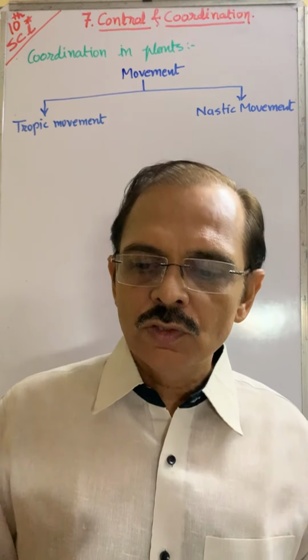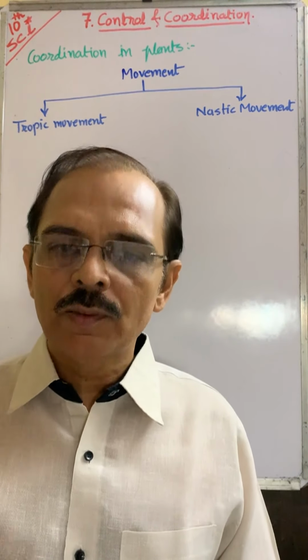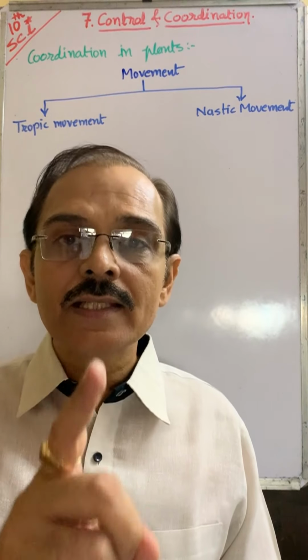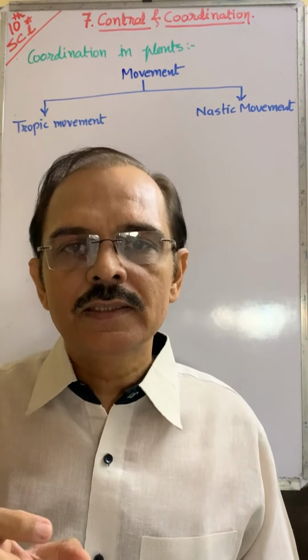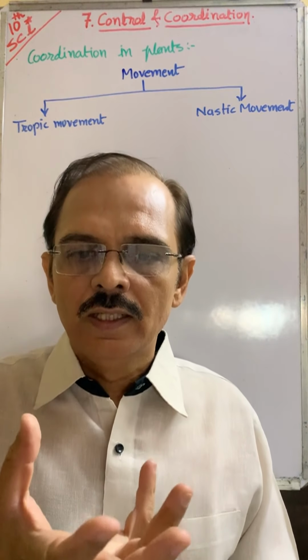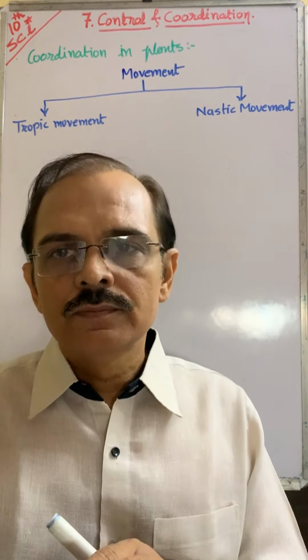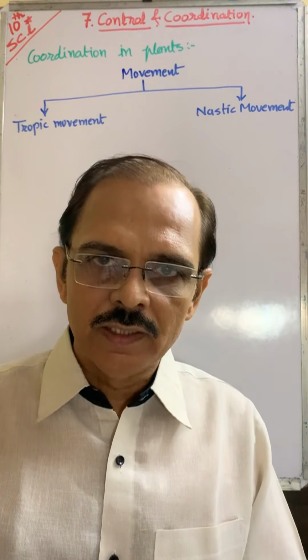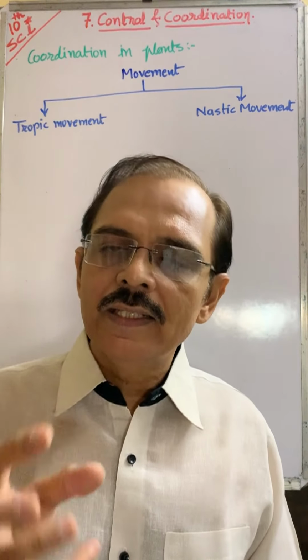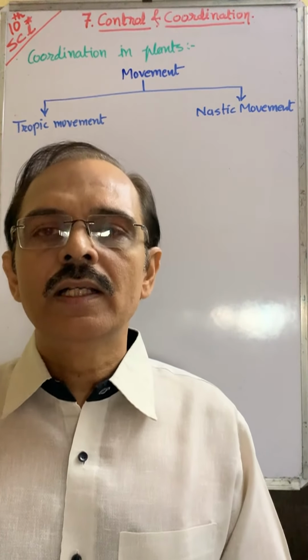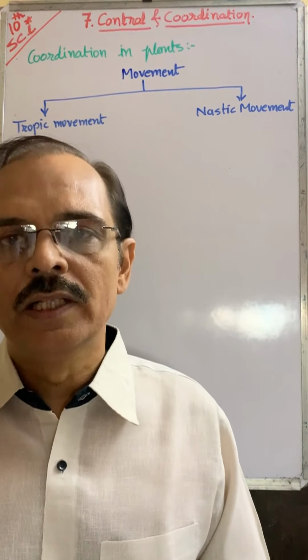And if there is no directional movement, but movement is there because of only the cell, you know that if plenty of water enters the cell because of osmosis, then the cell becomes swollen and it performs some metabolism, some activity. Now if there is less water in the cell, then its activity is also different. So this type of movement is called nastic movement.